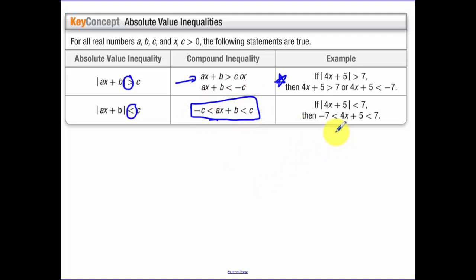So you're sandwiched between -7 and 7, and notice how both of these are less than signs. Something I want to highlight up here with our or: with the positive version, the inequality symbol stays the same. With the negative, because you're multiplying by a negative, you have to switch that inequality sign.